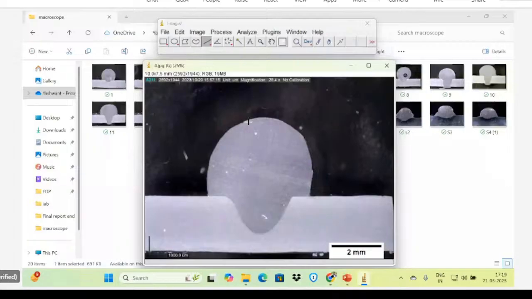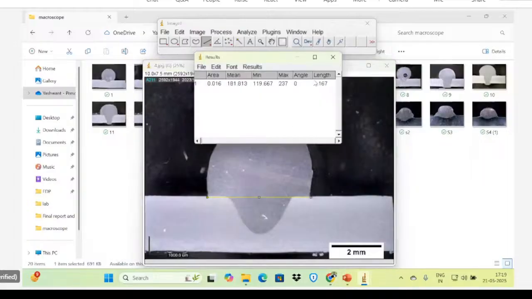First of all, we will be measuring the width. So we are pressing from this point to this point. You can check, and we have to press Control M. If we press Control M, we can get a length.